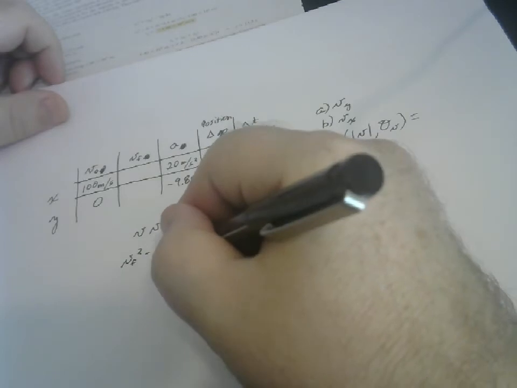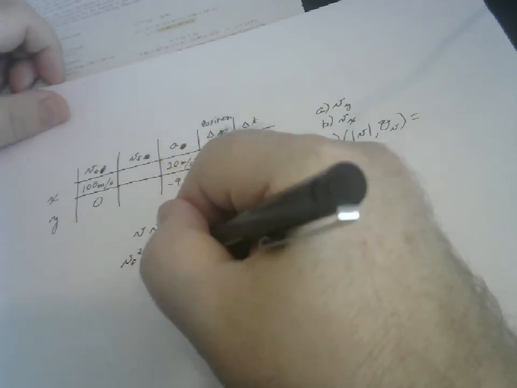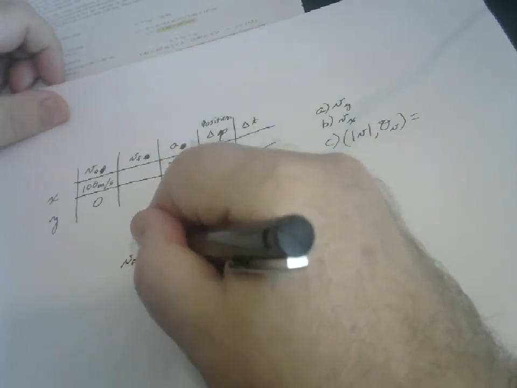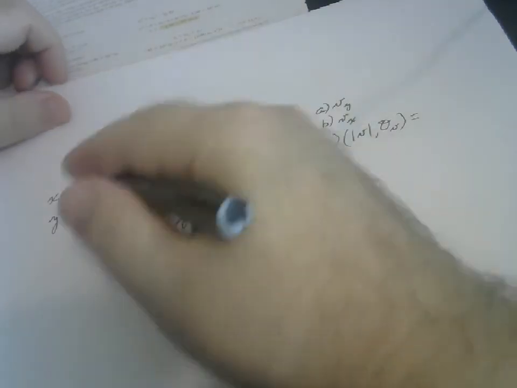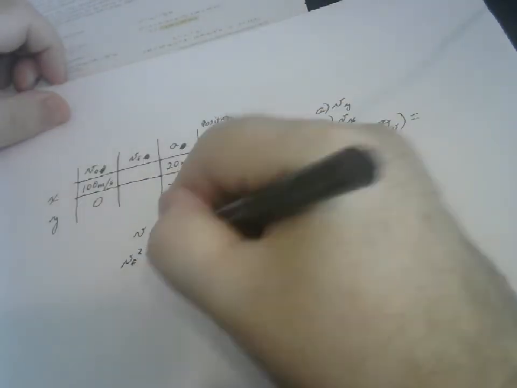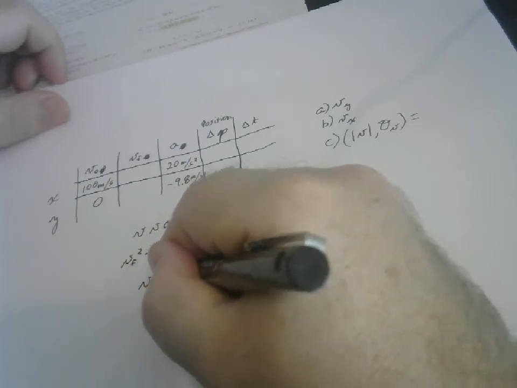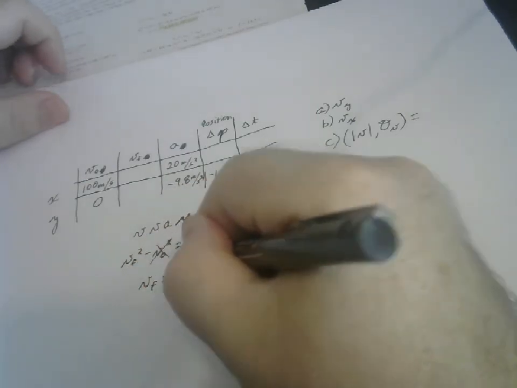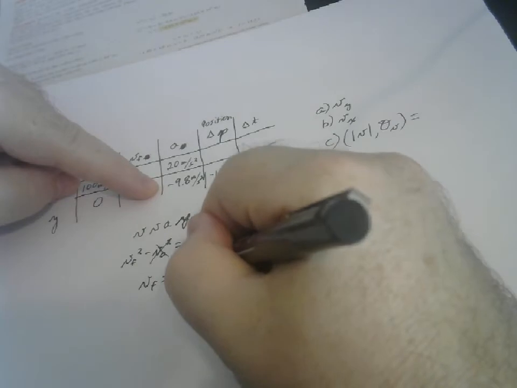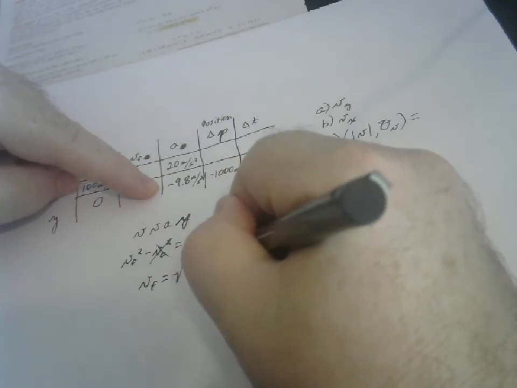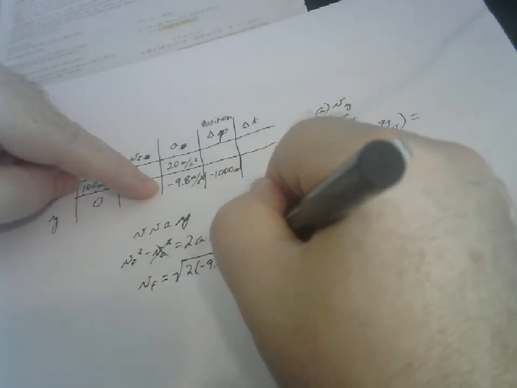Okay, and we'll plug in values. We'll solve this for 0 because we know the v naught in the y direction is 0. So v final is the square root of 2 times negative 9.8 times negative 1,000.